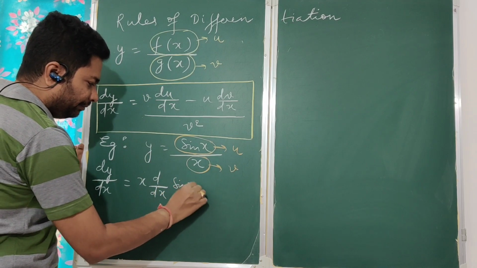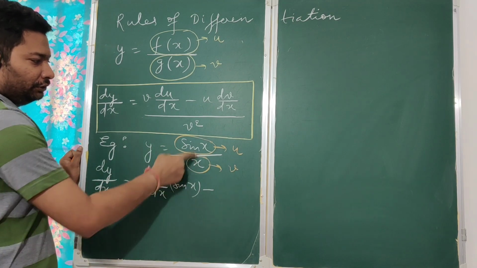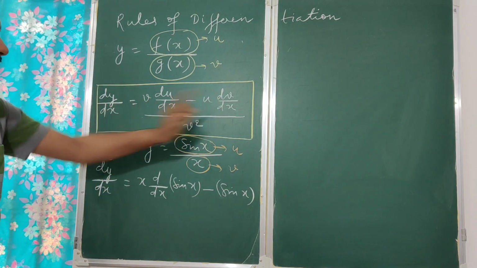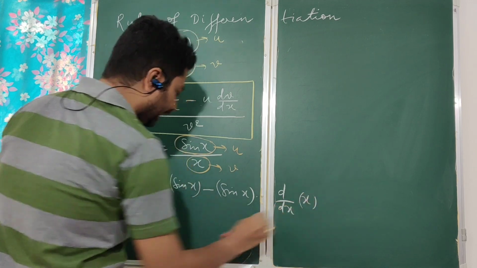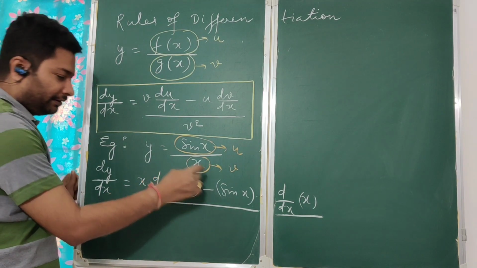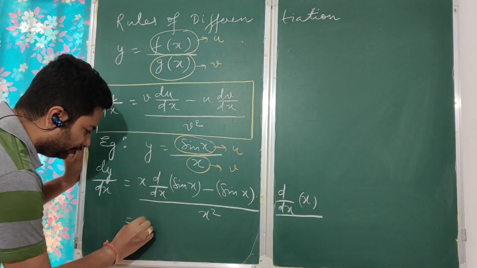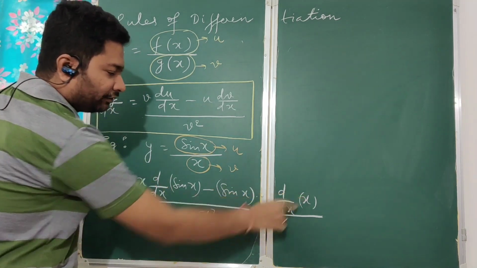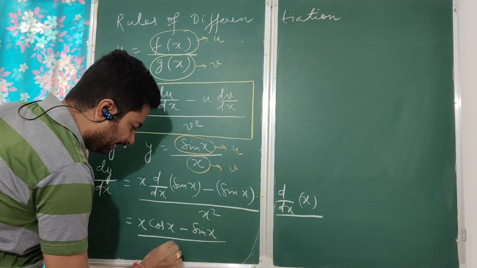So it will be d by dx of sin x. Then minus sign is there. Now what is u? u is sin x. So write here sin x. dv by dx. So it is d by dx of x. And everything is getting divided by the square of the denominator. What is denominator here? x. So square of the denominator is x square. So now we can write it as x into d by dx of sin x is cos x minus d by dx of x is 1. So 1 into sin x is sin x, by x square.